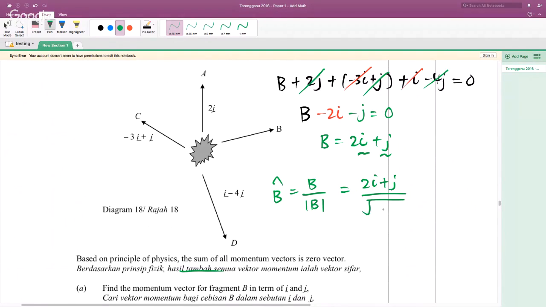And the magnitude of B, meaning the length of B, is the square root of 2 squared plus 1 squared. If you ask me how I get 2 and 1, they are the numbers in front of i and j. Alright, so this should be 2 over square root 5 i plus 1 over square root 5 j. I just separate out the fraction. Okay, there's nothing very special here.